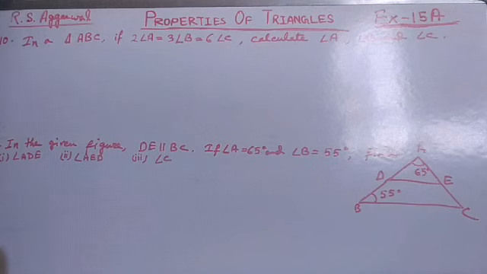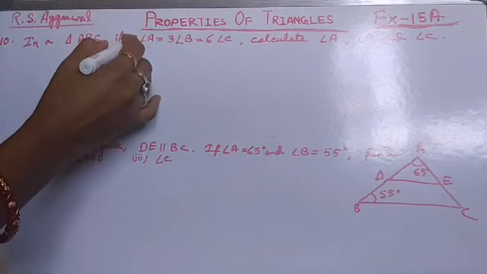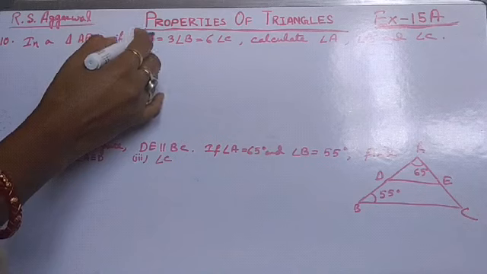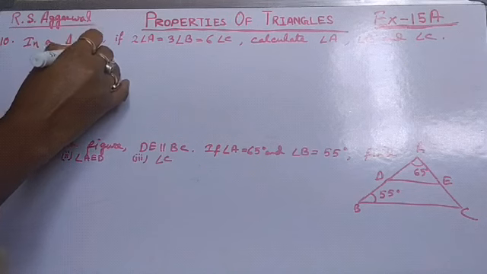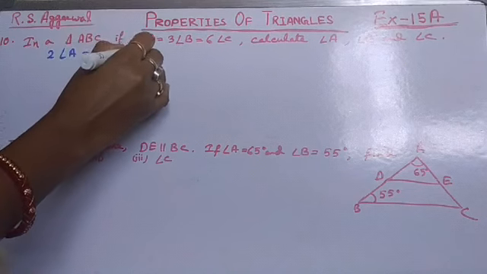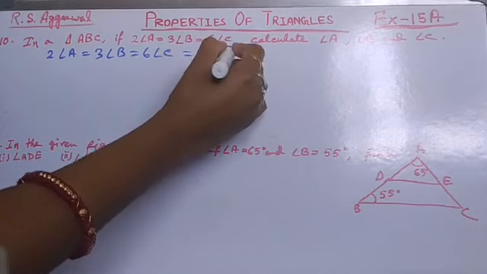Now question number 10. In a triangle ABC, if 2 into angle A equal to 3 into angle B equal to 6 into angle C, calculate angle A, angle B and angle C. Very simple sum. Let 2 into angle A equal to 3 into angle B equal to 6 into angle C equal to x.